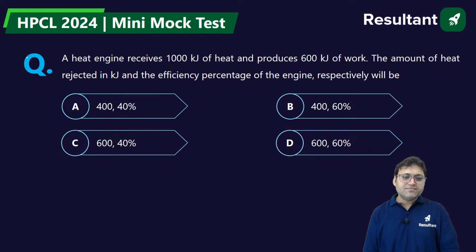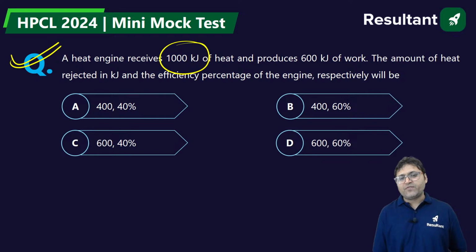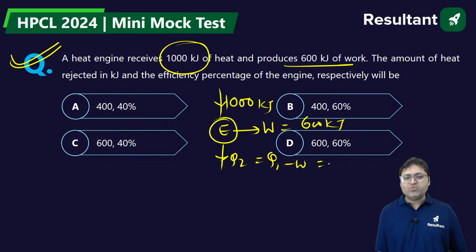The next one: a heat engine receives 1000 kilojoule of heat and produces 600 kilojoule of work. The heat added to the engine is 1000 and the work produced is 600 kilojoule. The amount of heat rejected in kilojoule, what will be Q2? That is equal to Q1 minus W. So 1000 minus 600, 400 kilojoule will be heat rejected.